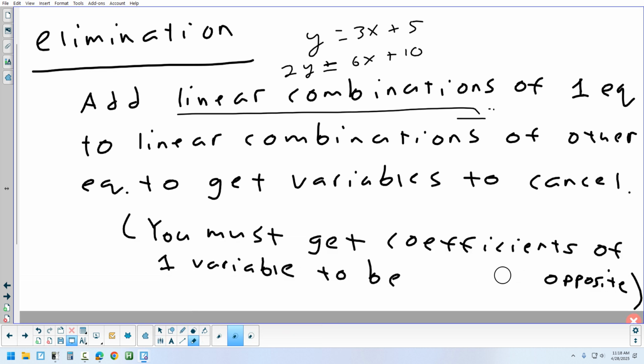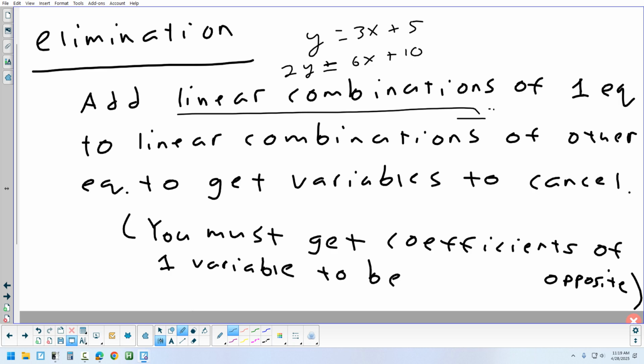So the way we're going to do it is we're going to try to get the coefficients of one of the variables to be opposites. Technically, they can be the opposite and you add, or if they were the same, you could subtract. But we're just going to make them opposites.